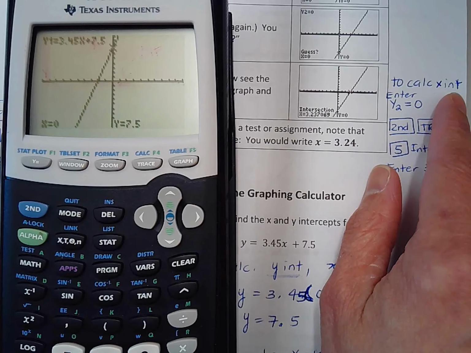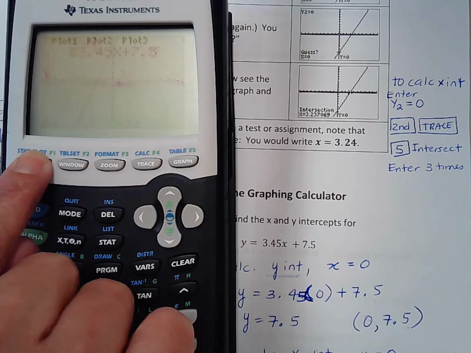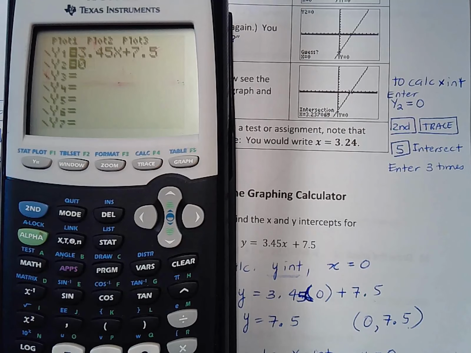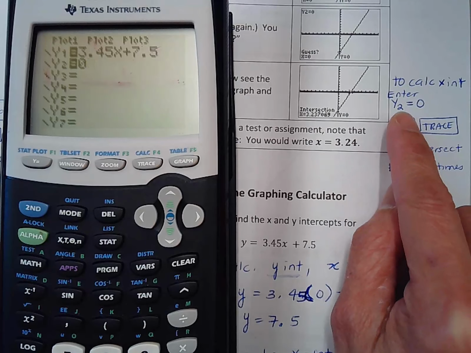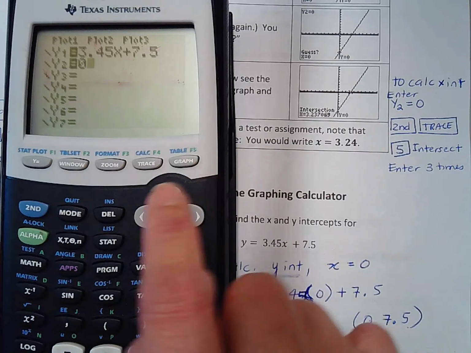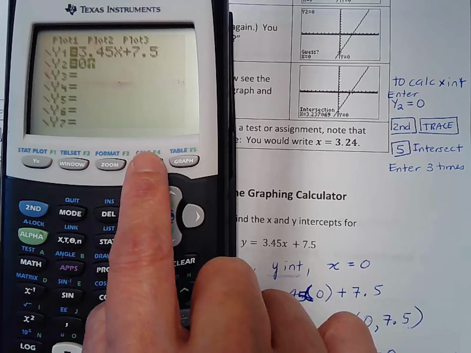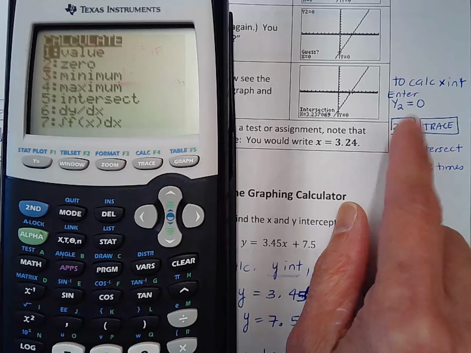Now let's try to calculate the x-intercept. What do we have to do? You go back to y equals. We're going to enter y2 equals 0. Then you're going to press second function, and you're going to press trace, and then we're going to press number 5.